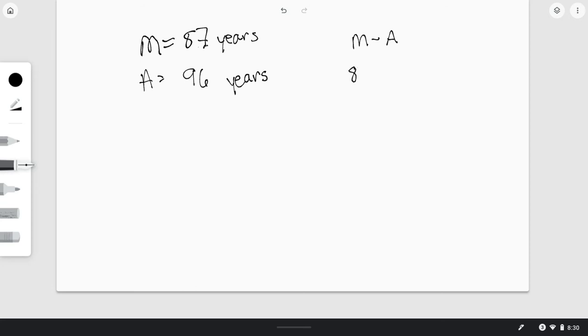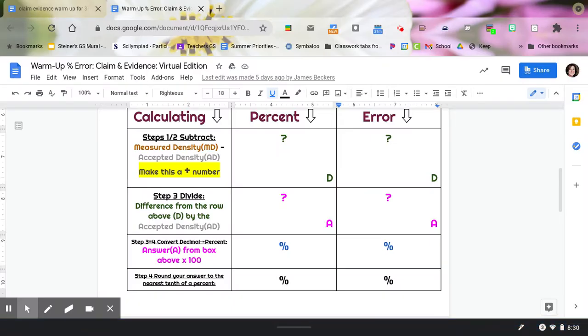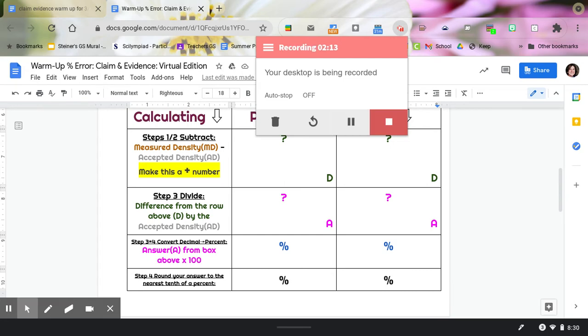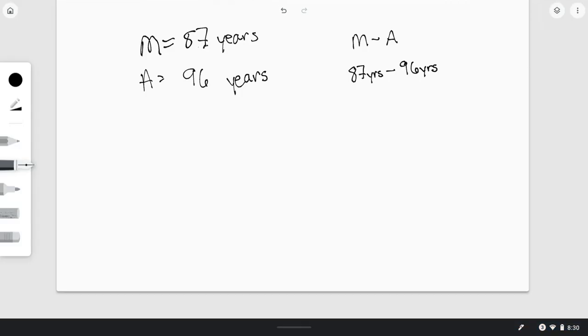So in this case, that would be 87 years minus 96 years. It's okay if you need a calculator for this, but I got -9 years.